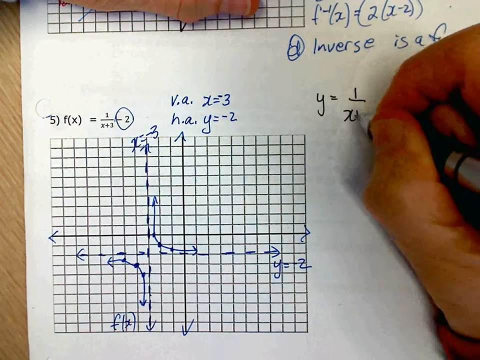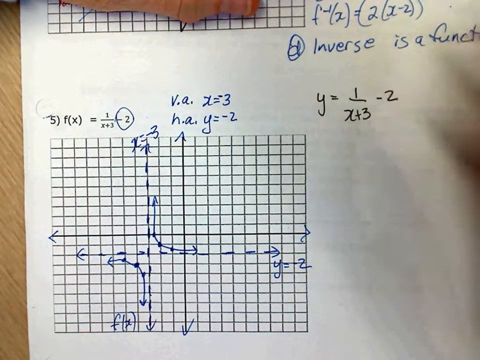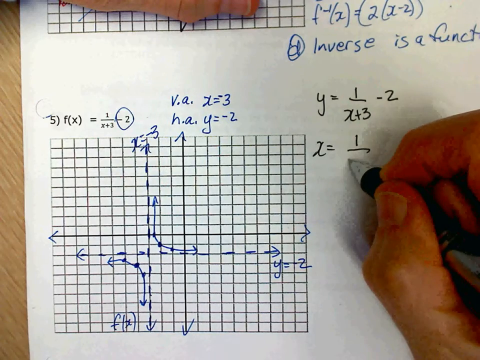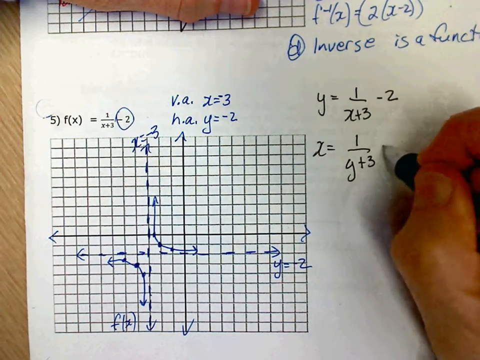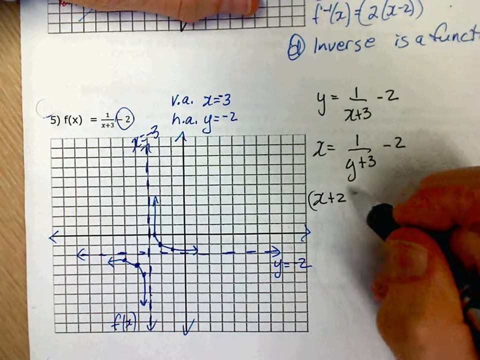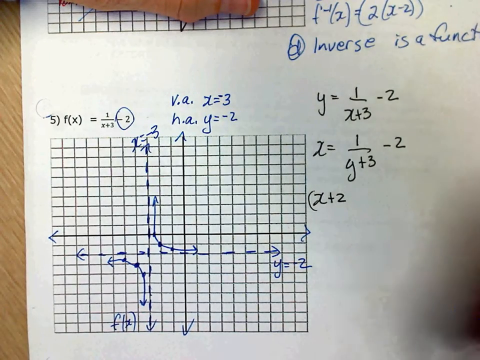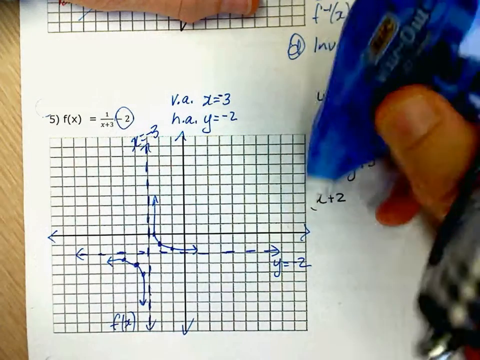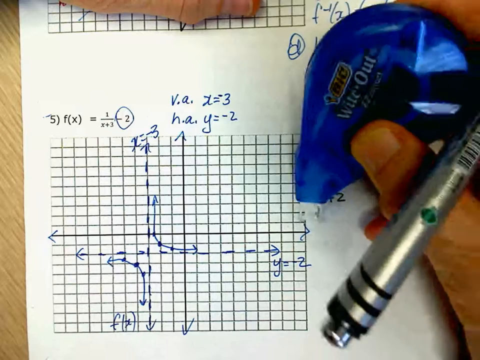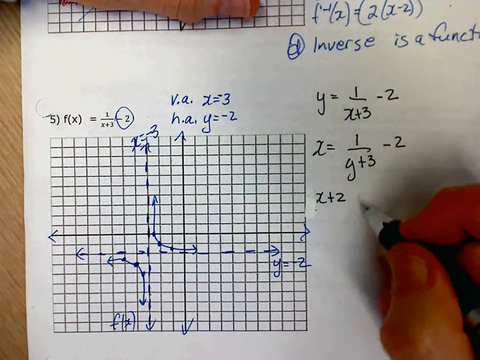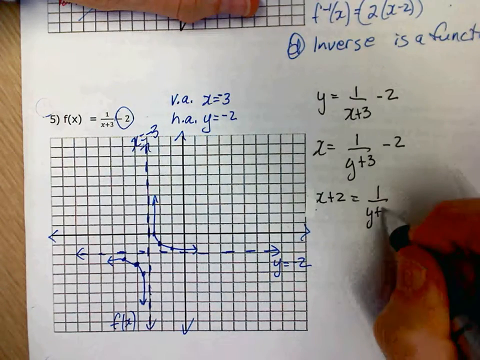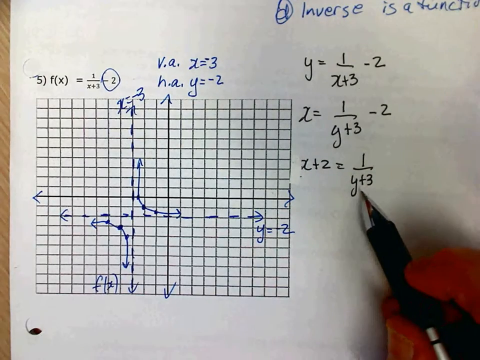X equals, swap the x and the y. Add 2 to both sides. Oh, sorry, my head jumps to subsequent steps in the solution, and I don't want to do that. Okay, add 2 to both sides. Multiply both sides by y plus 3.